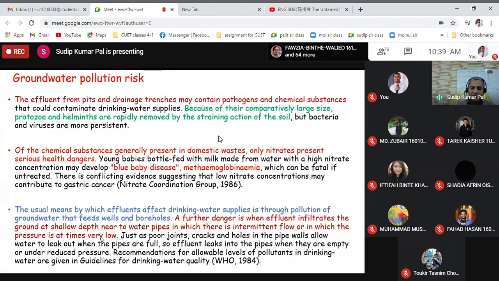Sometimes in our cases in cities like Dhaka or Chittagong or major cities in Bangladesh, the pipe is not always carrying water. So it's sometimes intermittent flow. At that time, pipes are empty and negative pressure is developed. Negative pressure is always harmful. They produce some sort of cavitation, some sort of leakage, and they attract the wastewater basically. So there is a chance of pollution in this case. So that is what is being said here.